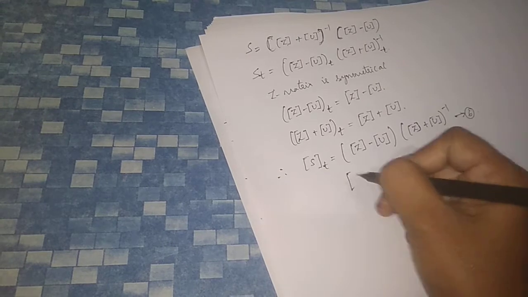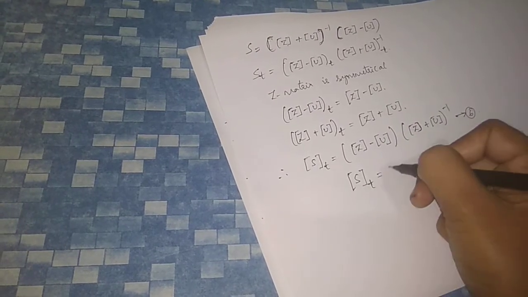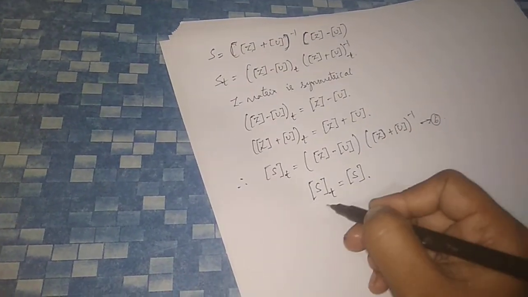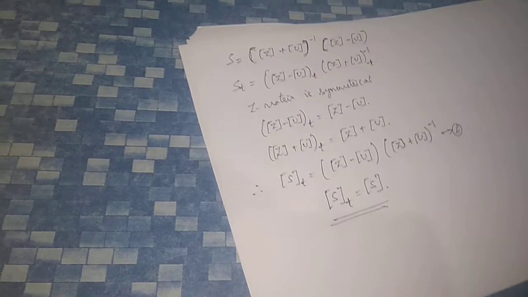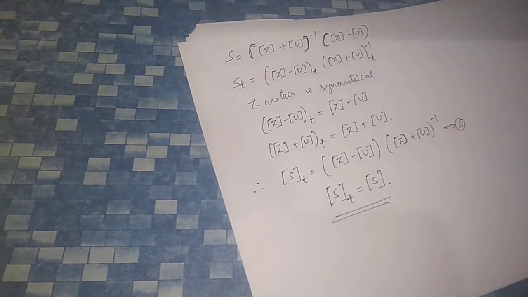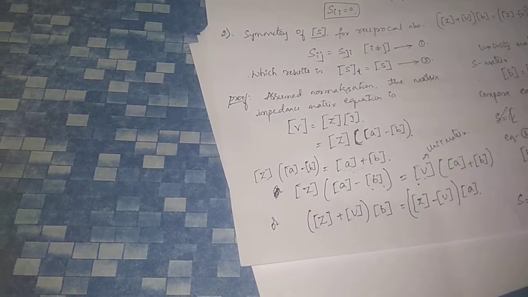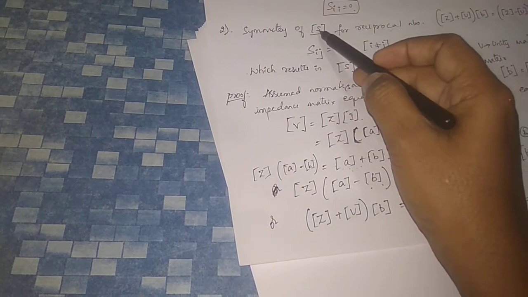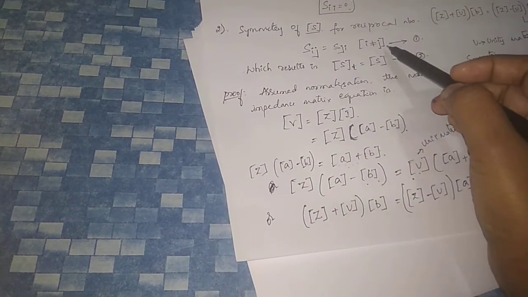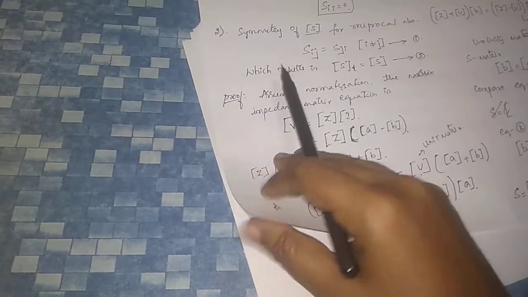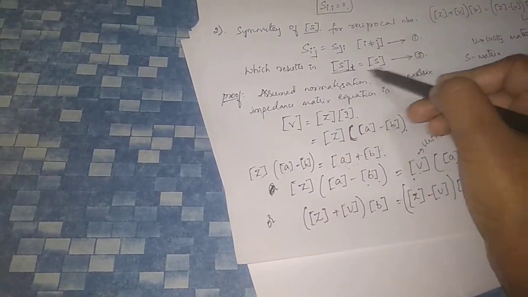So now I can write S transpose is equal to S. This is what you wanted to prove, right? That is the symmetry property for a reciprocal network. The S matrix is symmetrical for a reciprocal network. You wanted to show Sij is equal to Sji, that is nothing but S transpose equal to S.